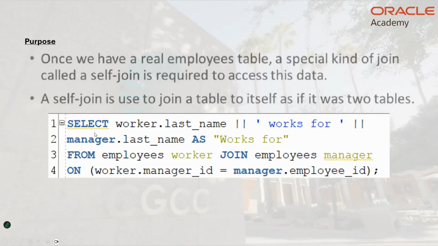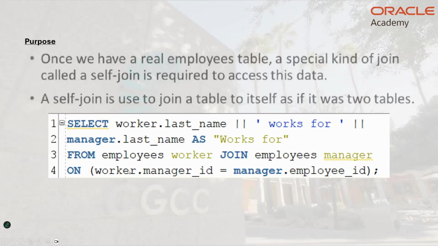So if you take a look at this query, select worker.last_name. Worker is just an alias. As you see, we have employees worker, employees manager, just aliases, right? No big deal. So worker.last_name and then manager.last_name. So it's the same column, but you're looking at two different aspects of it. Basically you're putting together a result where you're indicating this particular employee works for this employee.